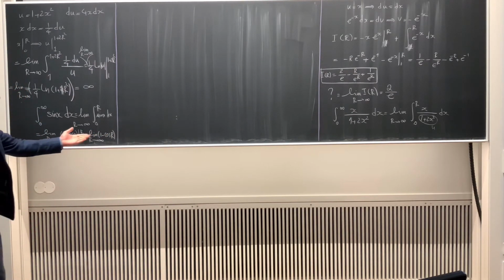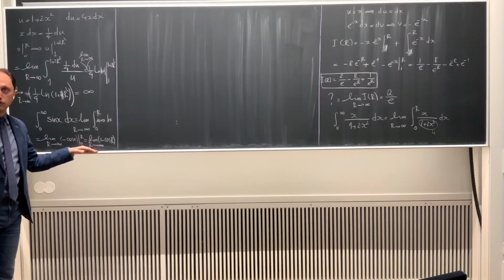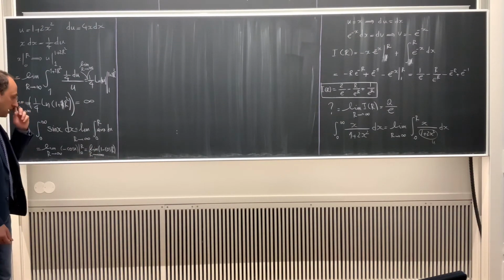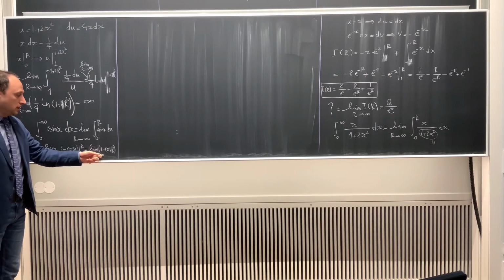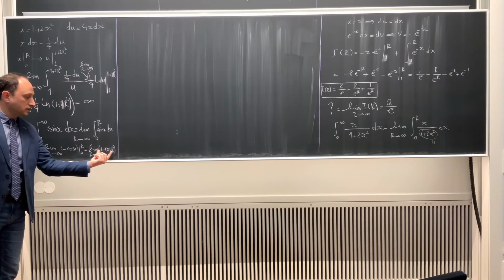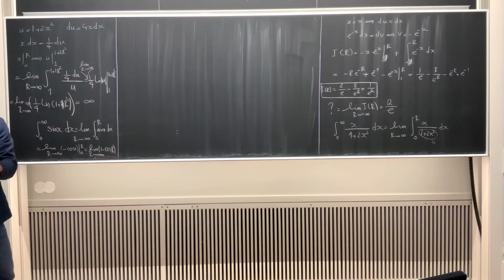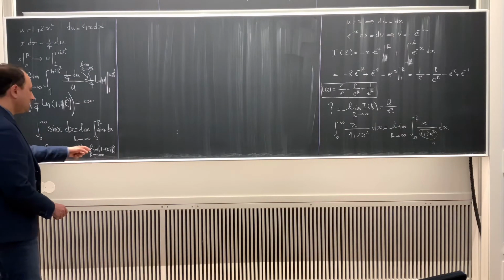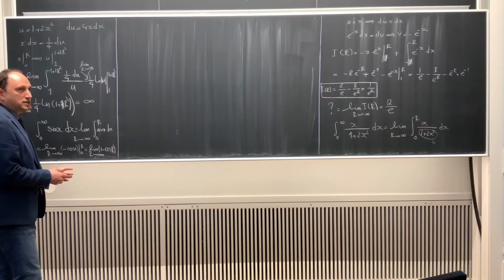The point is that this function does not have any limit at all, because by making r bigger and bigger, these numbers are not getting closer and closer to one particular number. They oscillate up and down. So this limit does not exist.